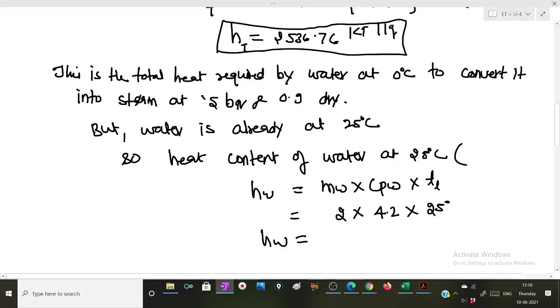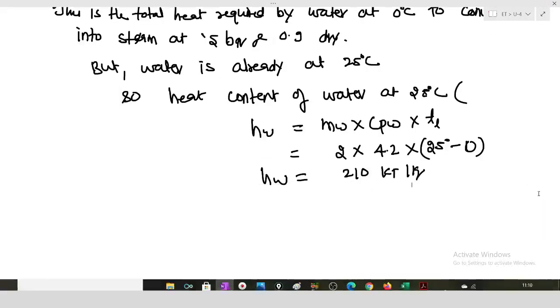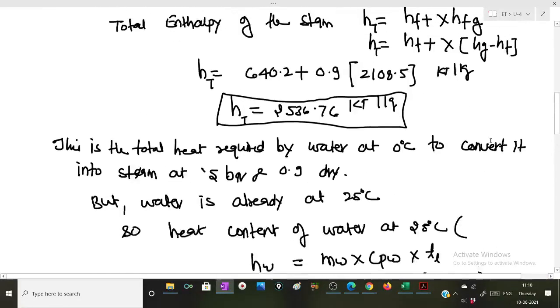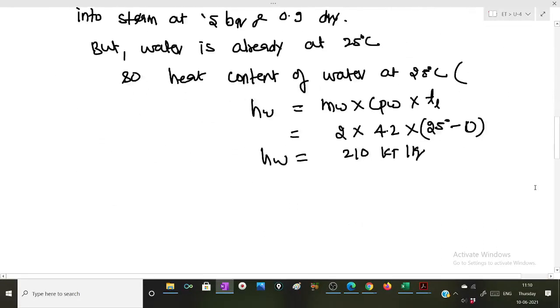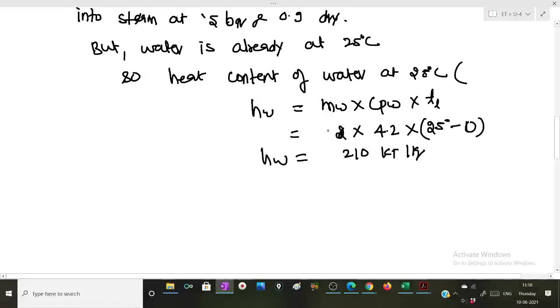Okay. So this will be corresponding to 0 degrees Celsius, 210 kilojoule per kg. Let us take here the value of m_w as 1 for now, per unit mass.